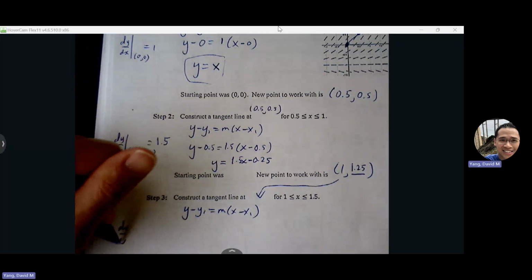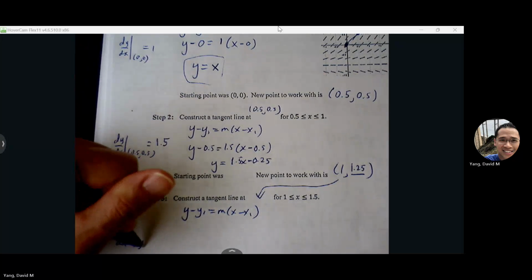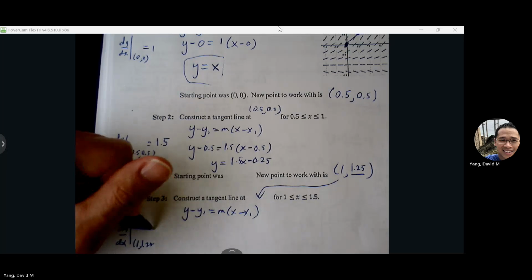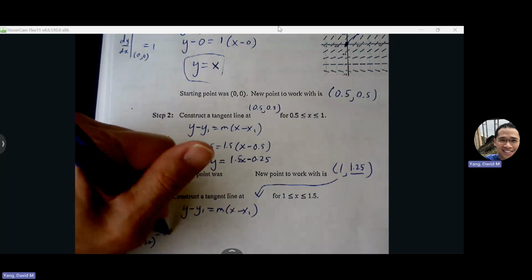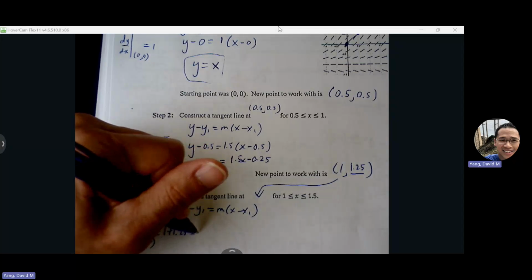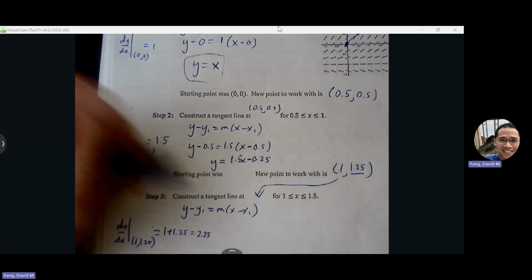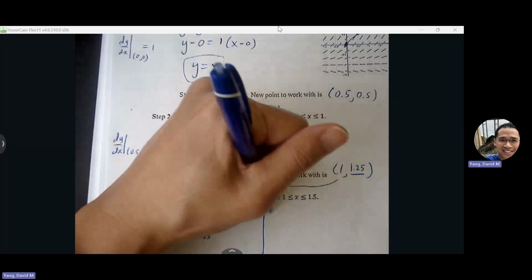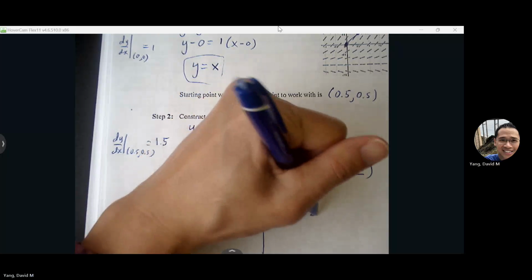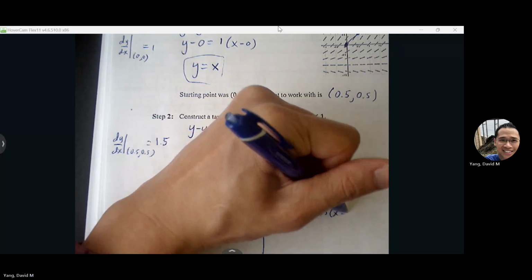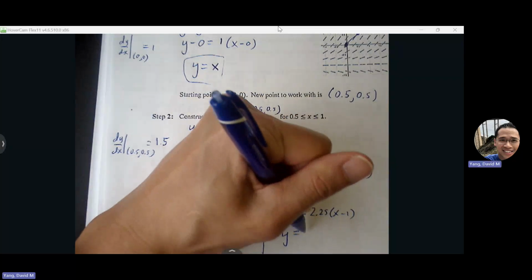Again, the derivative slope formula only requires the y value because it's 1 plus y, so 1 plus 1.25, which is 2.25. Put into our tangent line equation. Solve for y.